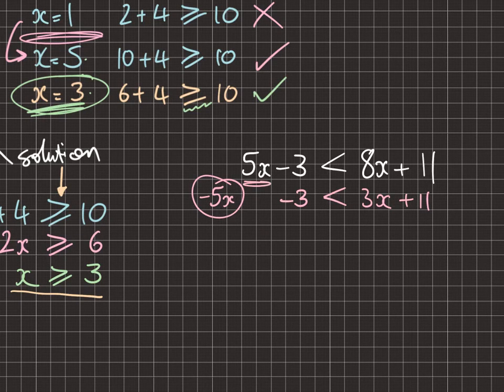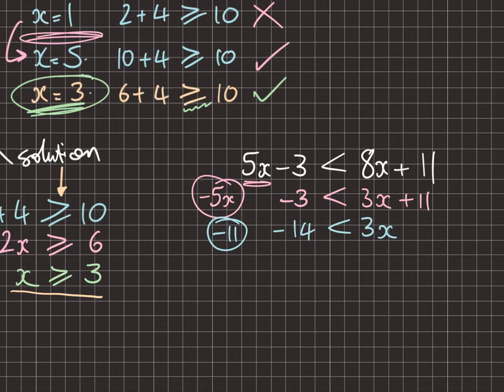Okay, next step, we're going to try and get all the numbers on the other side. So that means we need to subtract 11 from both sides. So minus 3 minus another 11 gets us down to minus 14. A little test here of your negative number skills. And then that is less than still 3x on the right hand side.